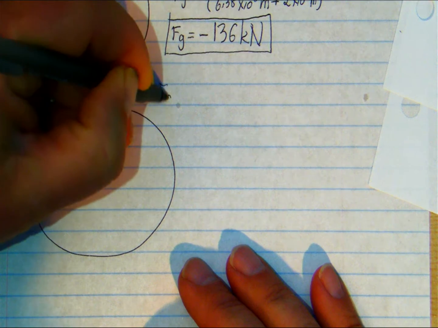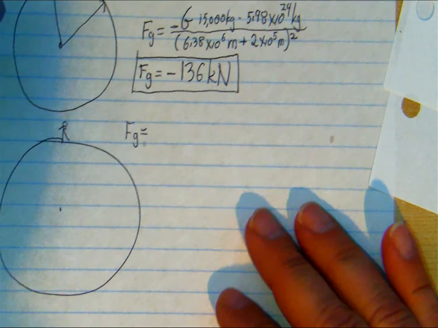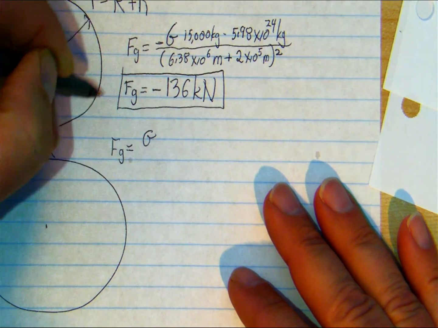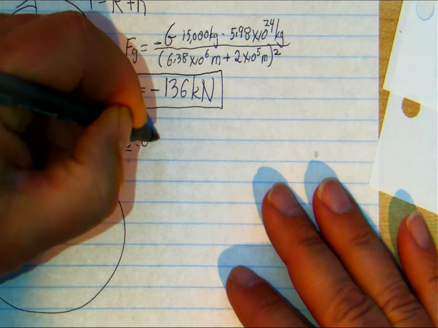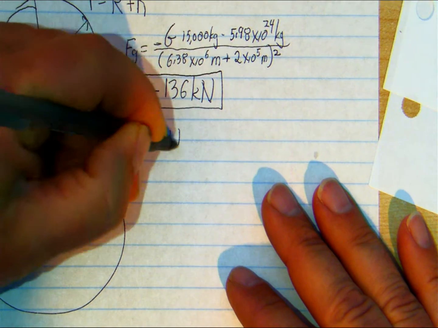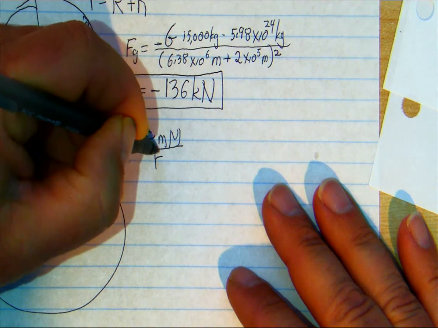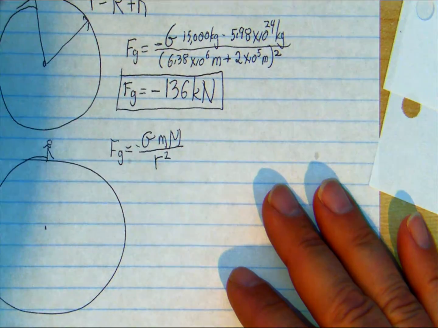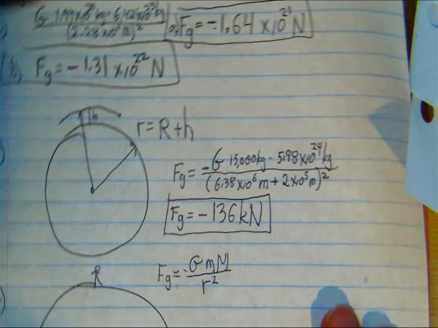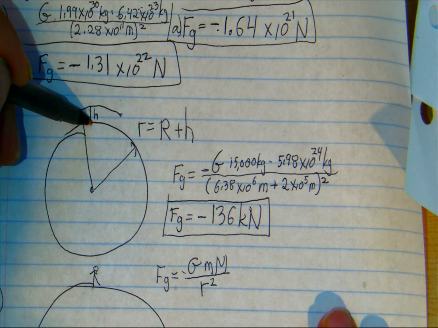The force of gravitational attraction between you and Venus is universal gravitational constant, of course it's attractive, times the mass of you, times the mass of Venus, divided by the distance from the center of you to the center of Venus squared.